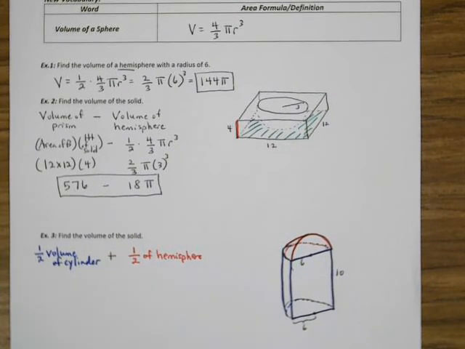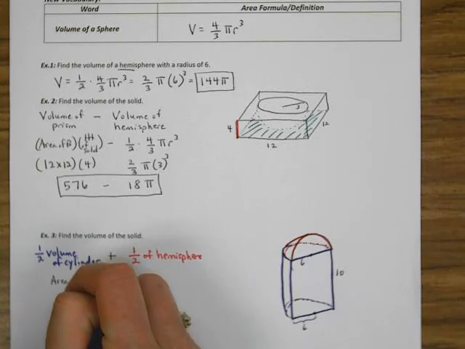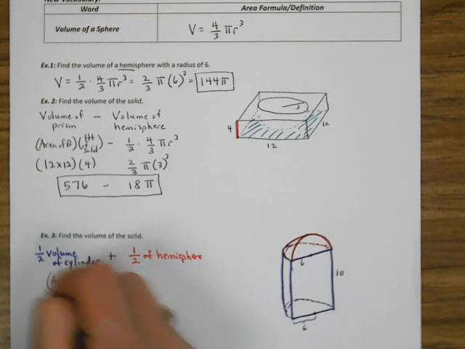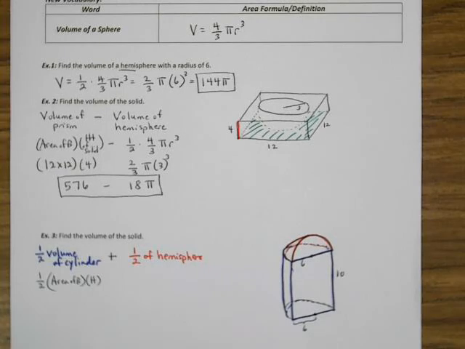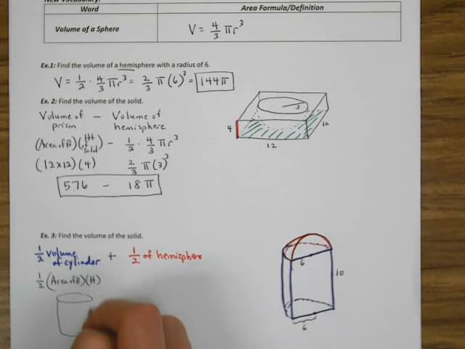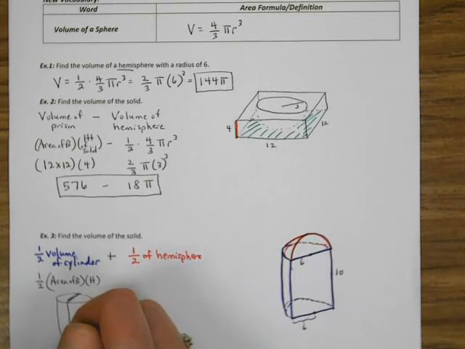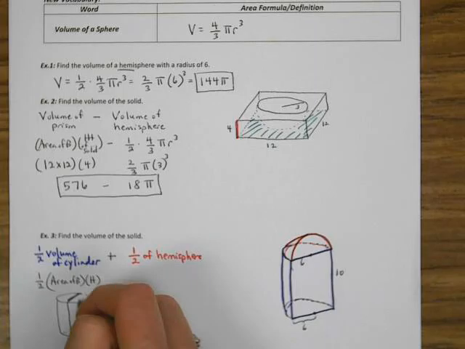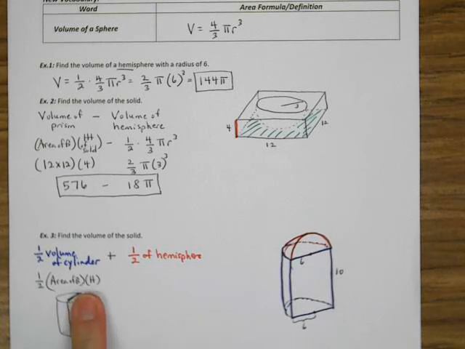So the formula for the volume of a cylinder, well, that is area of the base times the height of the solid, but of course I have 1/2 of that this time. If you picture a cylinder, it looks like we made a slice right down the middle here, and we've kept half of that cylinder.